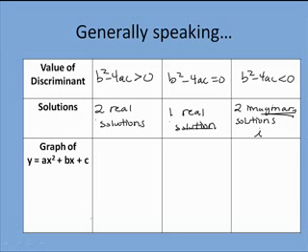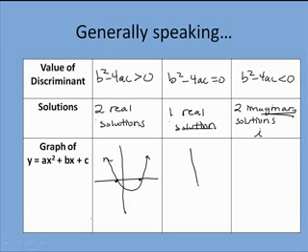Okay, so let's look at what the graphs of the equation would look like depending on the value of our discriminant. If it has 2 real solutions, if the discriminant's greater than 0, our graph is going to cross the x-axis in 2 places. This graph could be opening down as well, as long as it's crossing the x-axis in 2 places.